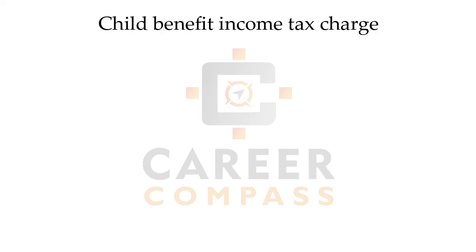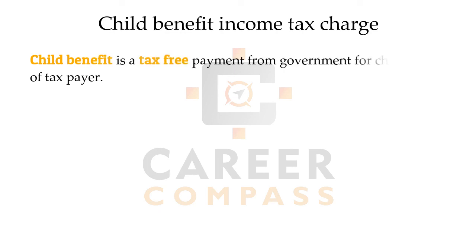Then after, students, the child benefit income tax charge. The government sometimes pays child benefit to the taxpayer for the children, and that child benefit is tax free. Now we have to see whether the parents are rich or poor, right? If the parents are rich, then the government may charge tax on the child benefit.